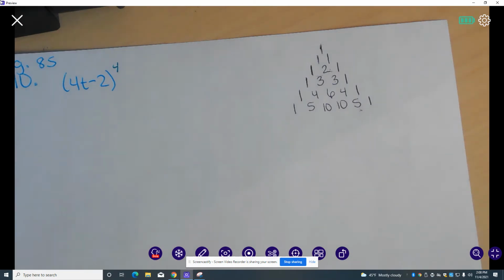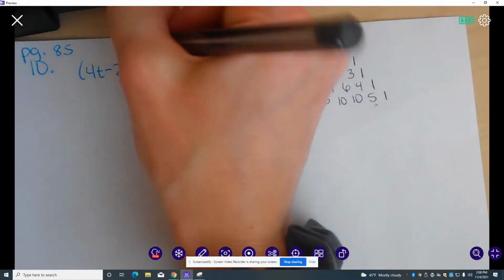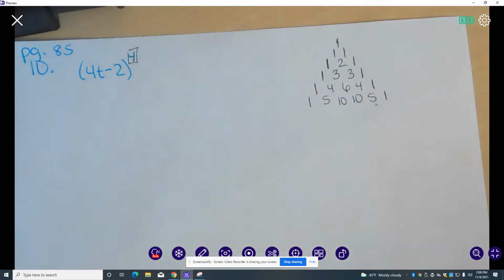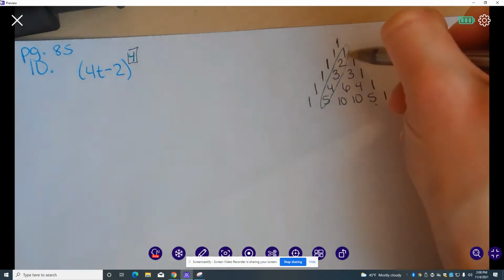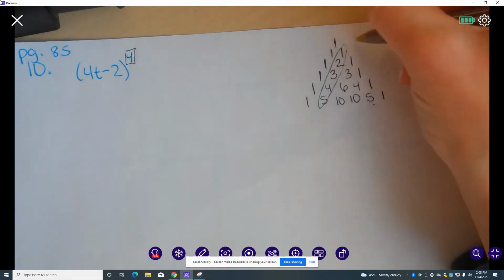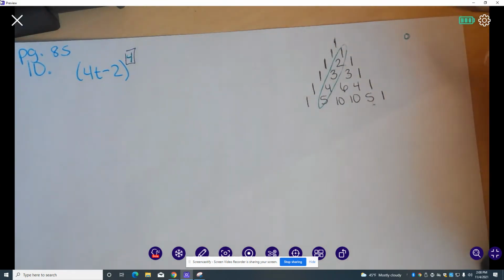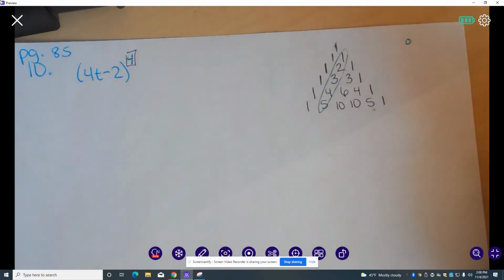So remember, we're going to look at the exponent here to figure out which row in Pascal's triangle we're going to use. And so there's a couple ways you could remember this. Remember, I said you can either use these numbers here, or just remember that that very top row, that first one, is actually 0. Think of that as 0.